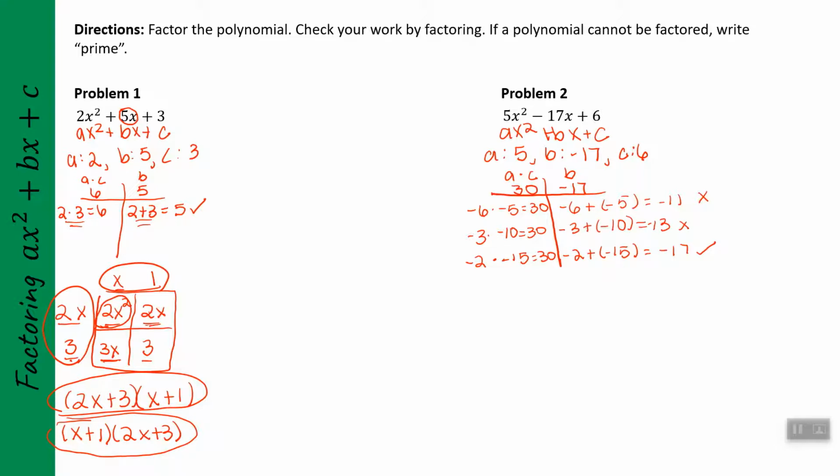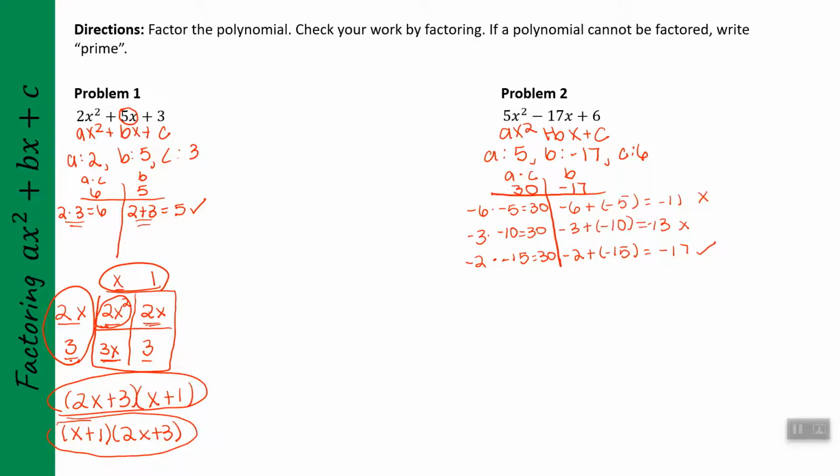This exact example is the reason that I like to make a table, because if I didn't write this down, and maybe you remember things better than I do, I'd keep going back. Okay, well, I know 6 times, no, that doesn't work. Okay, 3 times 10, I'm not sure, let's check. But if I write them down, I already see, hey, these don't work. I already wrote them down as non-viable solutions, so let's try something else. I have all the options I've tried, and I'm not going back and redoing those same factors again and again.